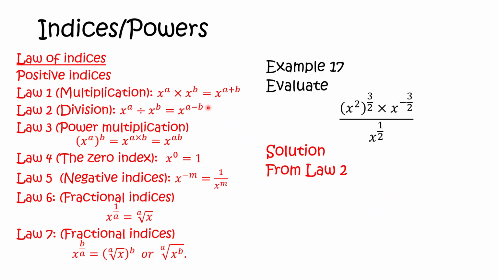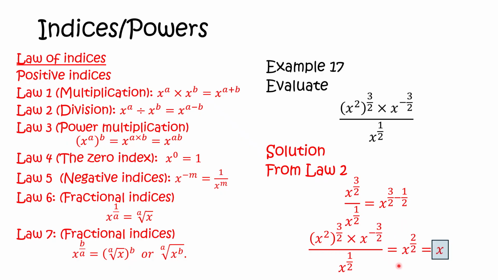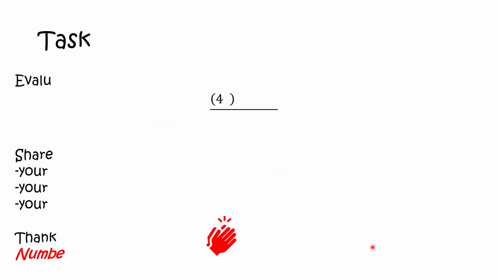Now, according to law number 2 of division, that would then translate into having x to the 3 over 2 minus 1 over 2, so that our answer becomes x.